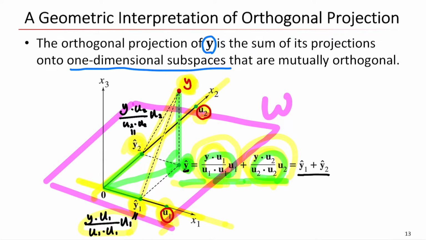And y hat 2 is the orthogonal projection of y onto the span of u2, like this. Finally, y hat is y hat 1 plus y hat 2. So we can prove this orthogonal decomposition theorem in 3D space.